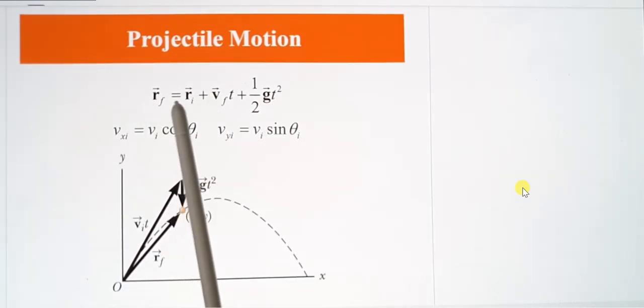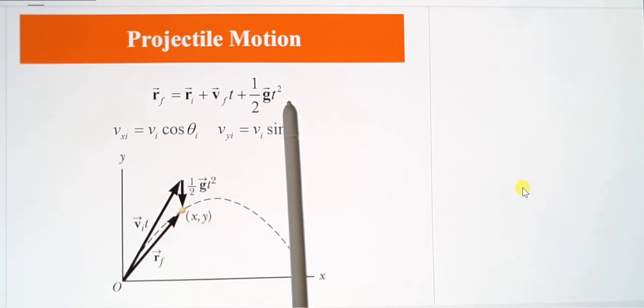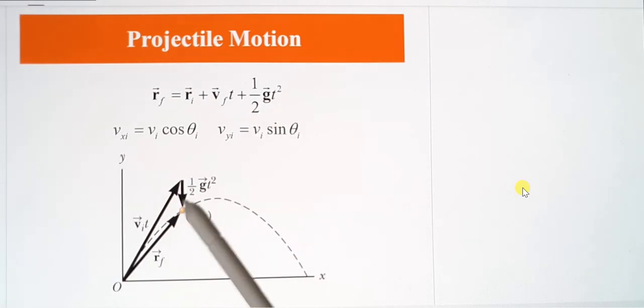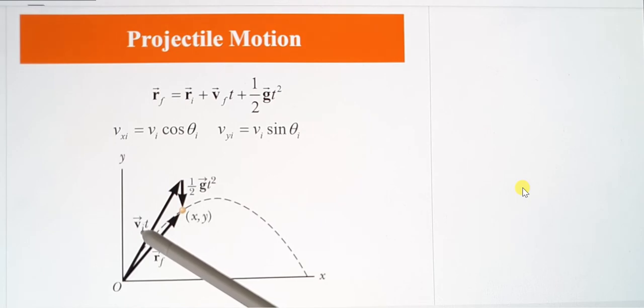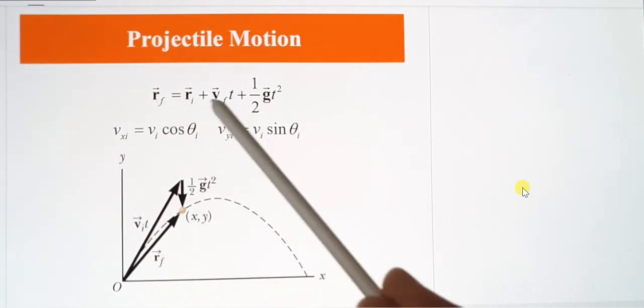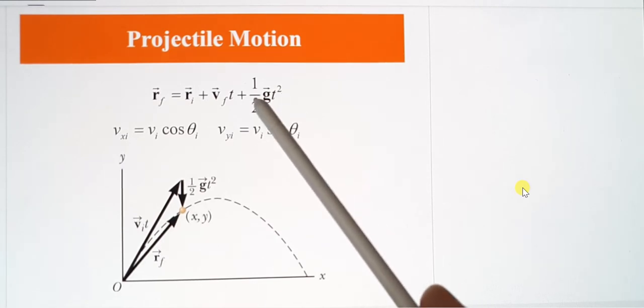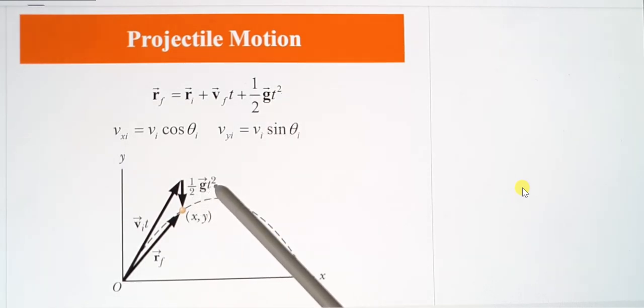So this is our famous equation. This is our final. This is V initial multiplied by time. And when we add them all, this is half g t squared.